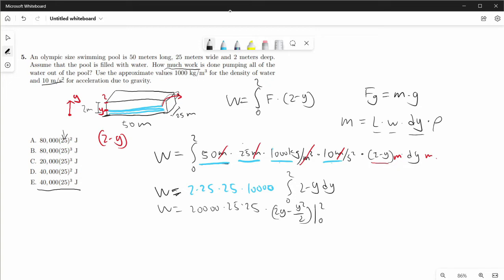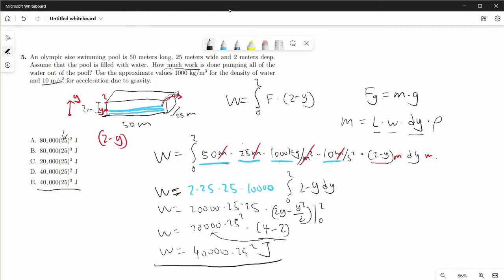All this evaluated from 0 to 2 will be 20,000 times 25 squared times, it'll be 2 times 2, 4, minus 2 squared over 2, which is 2, plus 0 minus 0, and so that's a 2. I'm going to multiply it with the 20,000, so 40,000 times 25 squared, and that will be in joules.